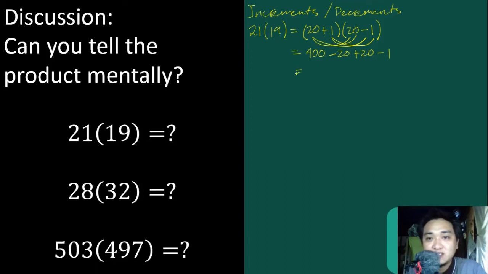So, mangyayari niyan, yung gitnang term, ito, negative 20 plus 20, of course, 0, diba? So, immediately, makakancel natin yan silang dalawa. Ang matitira na lang is 400 minus 1. And, of course, 400 minus 1 is 399.